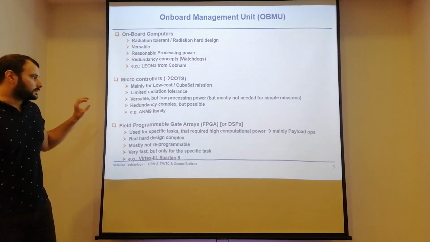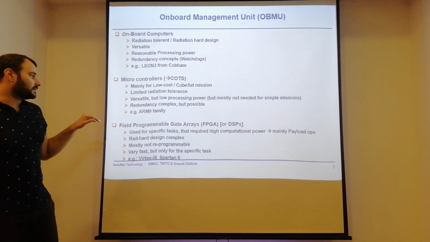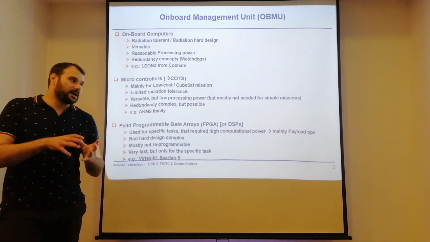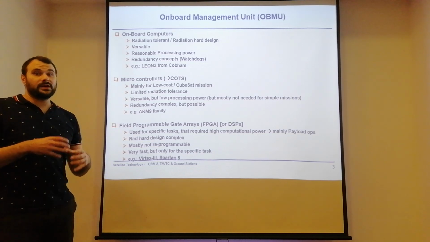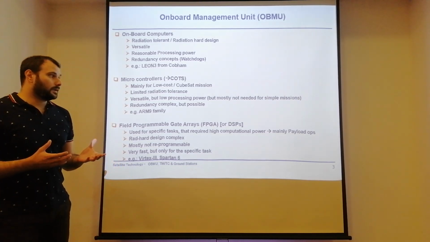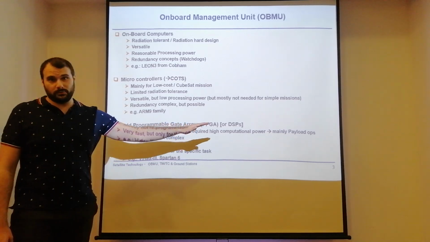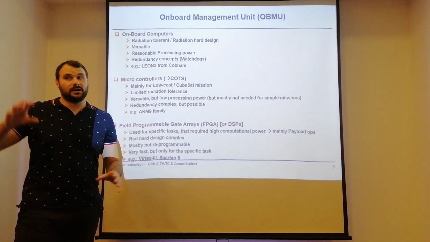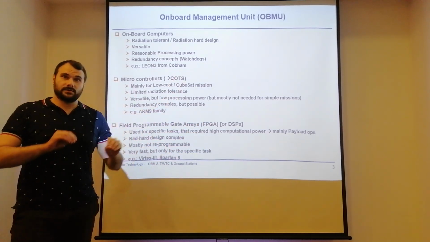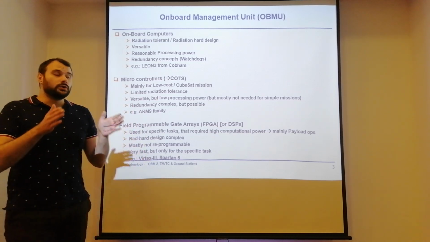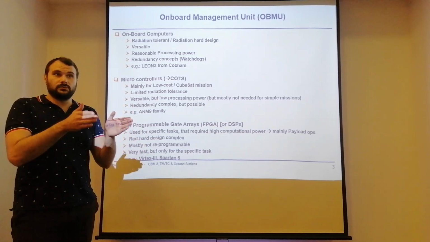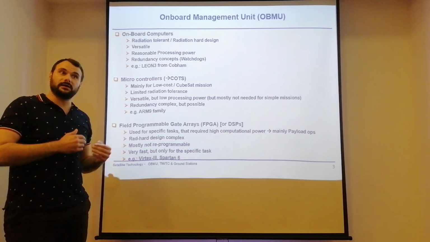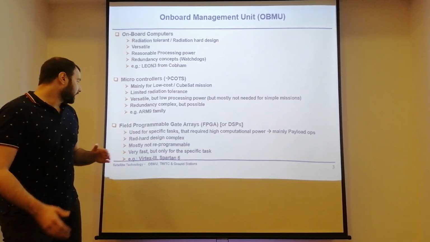The specifics of those FPGAs are that they are only used for very specific tasks that require very high computational power. So this is mainly used for payload operations. Here you don't have this sensor and that sensor. No, we only use it for a specific task. You want to process images that come in from your payload.